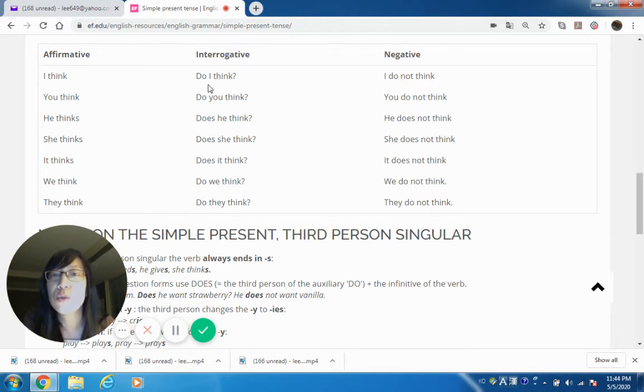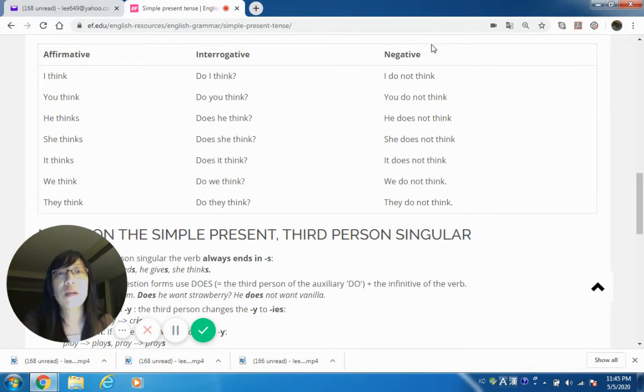Do I think? Make sure you put the question mark at the end. Do you think? Does he think? Always the helping verb, and the main verb is going to be the base form, the infinitive. Does she think? Does it think? Do we think? Do they think?